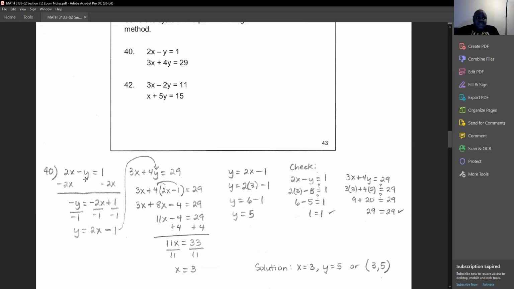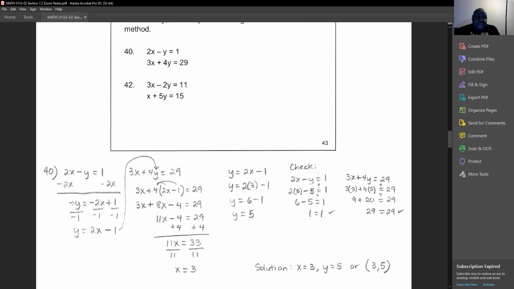I'll try to get y by itself, because that y has an understood coefficient of 1. And this is what I did. To get that minus y by itself, I had to subtract 2x on both sides. And when I did that, I have negative y is equal to negative 2x plus 1, since it's a positive 1.